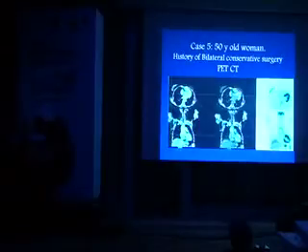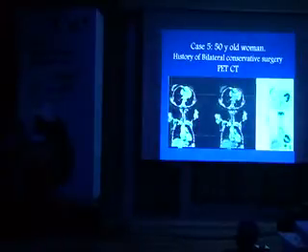Okay, case number 5. A 50-year-old woman. She had a history of bilateral conservative surgery, and she had a PET CT. Why PET CT? One would say, why PET CT? Some of the patients, for follow-up, especially if she has double cancer or bilateral cancer, now the best modality to detect any metastatic disease is the PET CT.